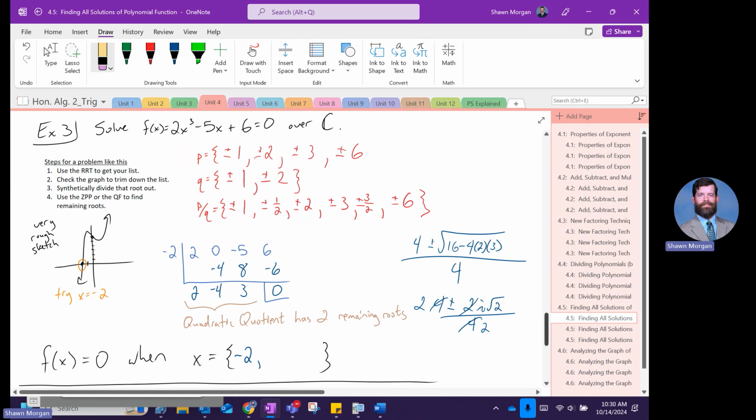So 2 over 2 would be 1 plus or minus square root of 2 over 2 i. I think I like that. Make a note in your spiral. QF. That's where those two roots came from. 1 plus or minus radical 2 over 2 i would be probably the best way of expressing that.